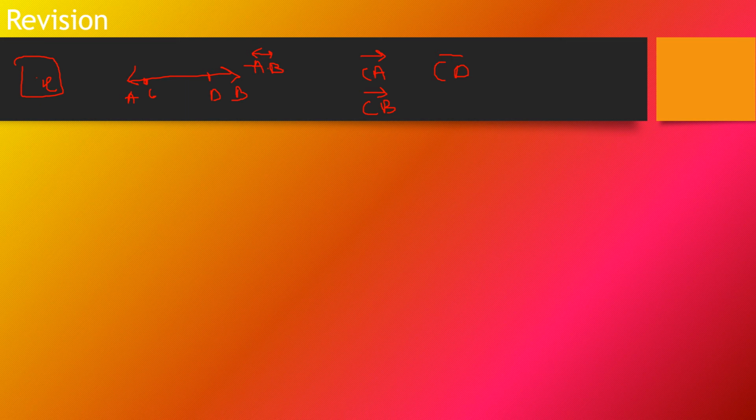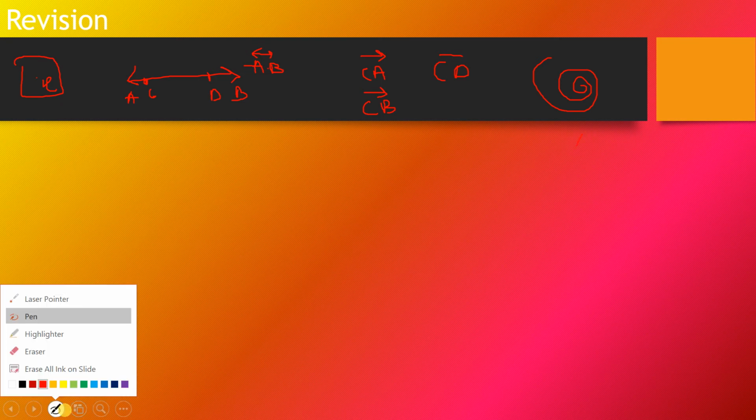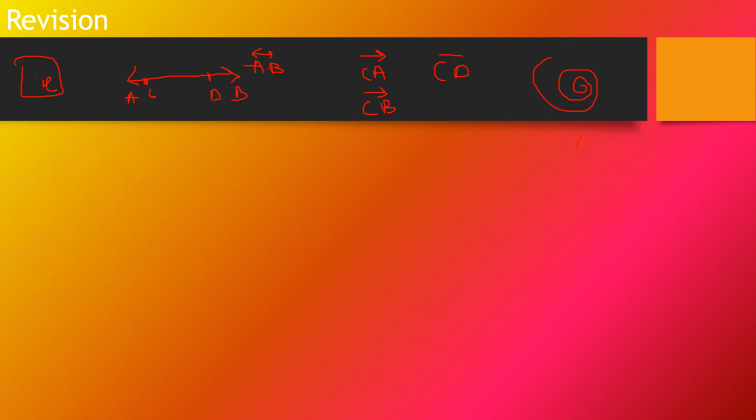Then comes what is a curve. A curve is something which we make freehand without lifting the pencil or pen, whatever you are drawing with. A curve has two types, that is open and close curve. So what is an open curve?